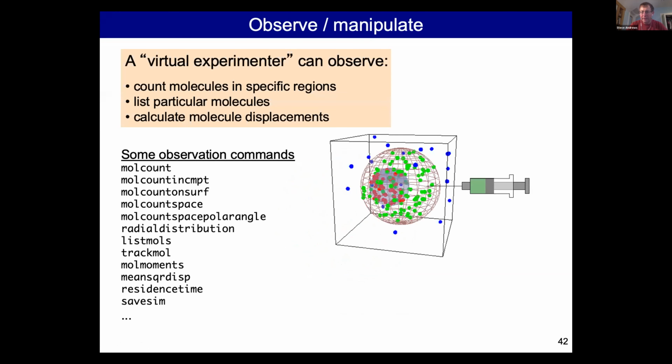And the final part of the basic loop in the program is observations and manipulations. So there's actually, it's a great, I call it a hack part of the code. You can add in anything you want that's not part of the core. So you can observe, say, I want to observe molecules, or observe molecules in a compartment, or track molecules, or whatever. Just plan to observe all kinds of things with a simulation.